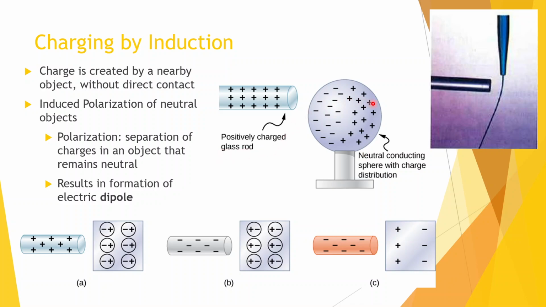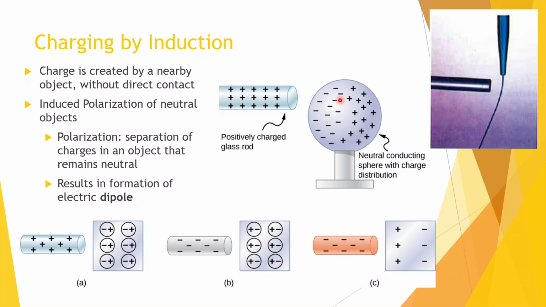Okay, so in the beginning, I don't have a picture of before we introduced this charged glass rod, but this would initially just have a very standard distribution, pluses and minuses all throughout the surface.